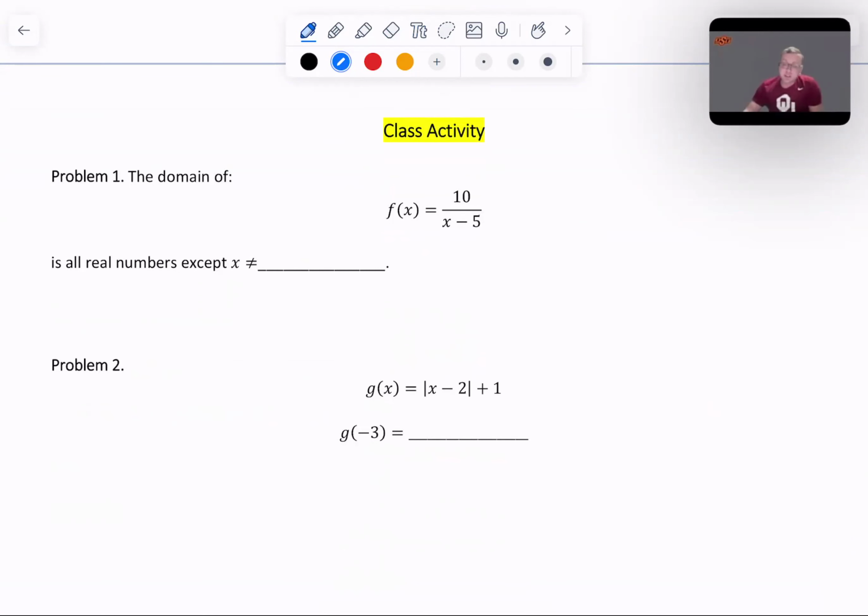So this first one says the domain of this is all real numbers except when x is what? So here, just set the denominator equal to 0 and solve. x minus 5 equals 0 implies x is 5. So that means it's all real numbers except when x is 5, right?